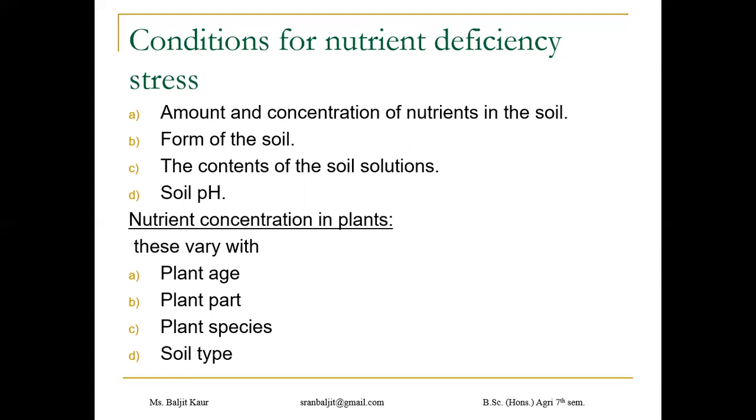Because some of the nutrients are more easily available and some are not easily available. Then the contents of the soil solution, because these nutrients are available to plants when they are dissolved in water, right? So what is the content of the soil solution and what is the soil pH? And nutrient concentration in plants also varies with the plant age, plant part, plant species, and soil type.